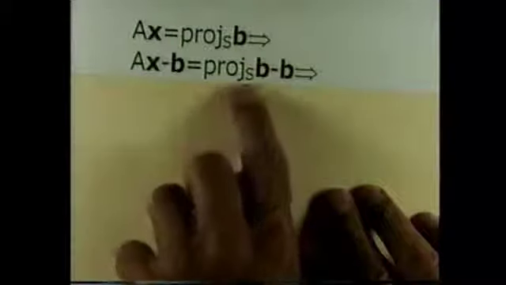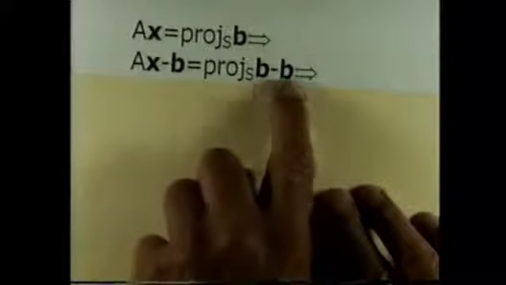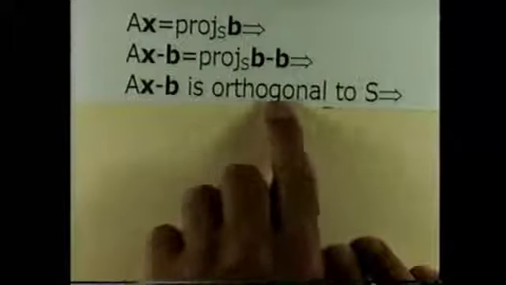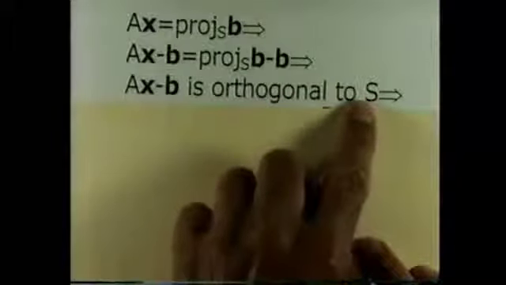Now the rest of it is just following a string of implications. Ax is the projection of B onto S. This implies that Ax minus b is equal to the projection of B onto S minus B. I just subtracted B from both sides. This implies that Ax minus b is orthogonal to S.